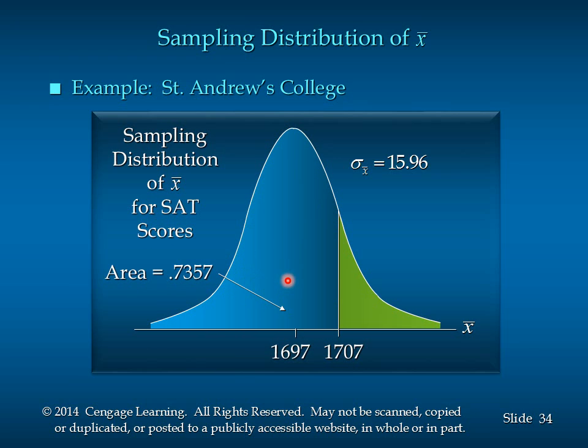And so this area under this curve, or this density as we've talked before from the table, is 73%. That means 73% of all the ACT scores or SAT scores in this situation are going to be less than 1707. It also means, conversely, keep this in mind, that there is about a 27% chance it's going to be greater than 1707.